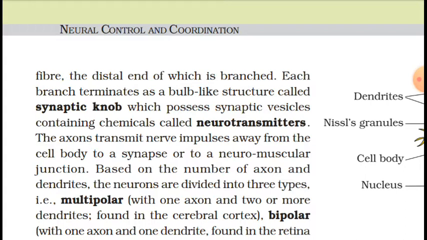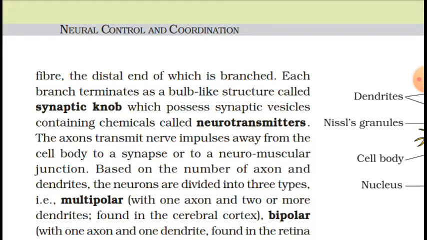The synaptic knob possesses synaptic vesicles containing chemicals. These chemicals are known as neurotransmitters. They transmit nerve impulses from one place to another in the structure of the neuron. Axons transmit nerve impulses away from the cell body to a synapse or a neuromuscular junction.